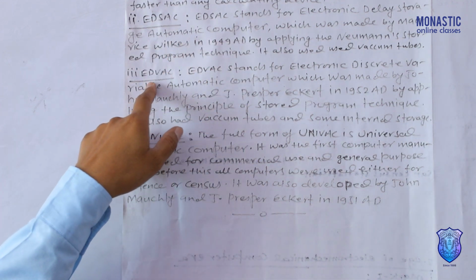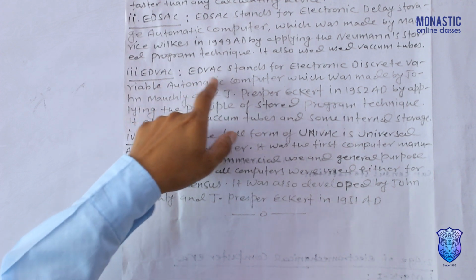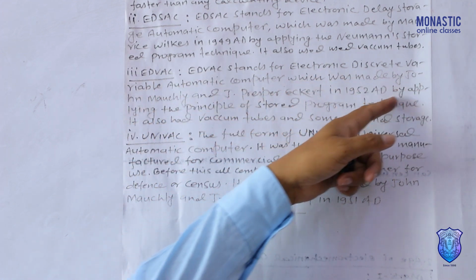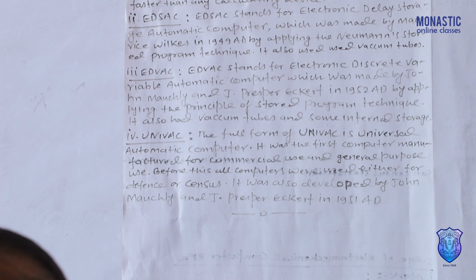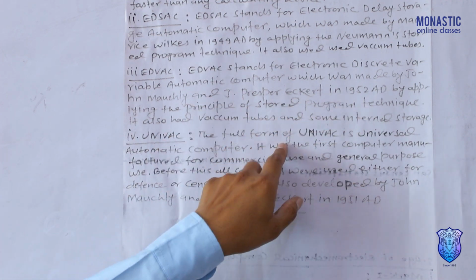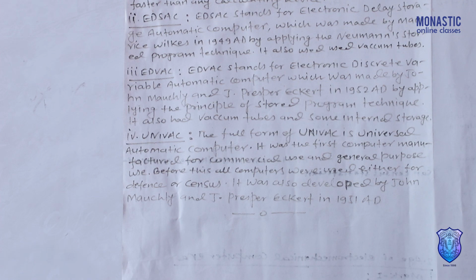Next one is EDVAC. The full form of EDVAC is Electronic Discrete Variable Automatic Computer. This computer was also developed by John Mauchly and J. Presper Eckert.